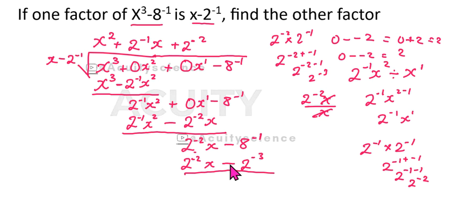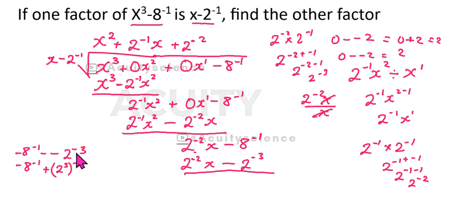Now these minus minus minus. So we're having minus 8, and of course this is 0. Let's say minus 8 raised to the power minus 1 minus minus 2 raised to the power minus 3. This means minus 8 raised to the power minus 1, minus minus is plus, plus 2 raised to the power 3 raised to the power minus 1.